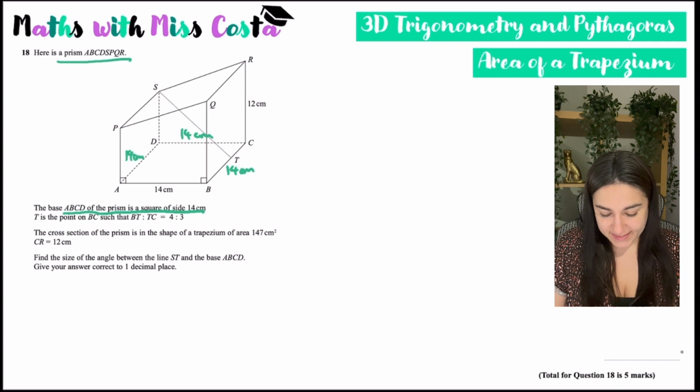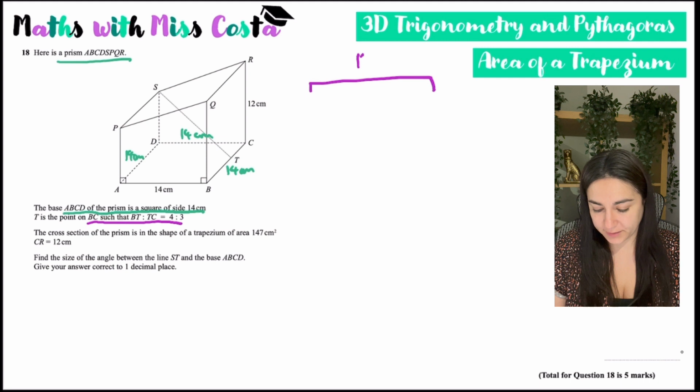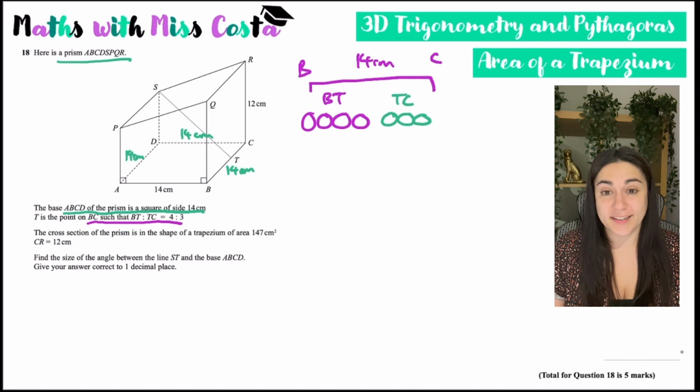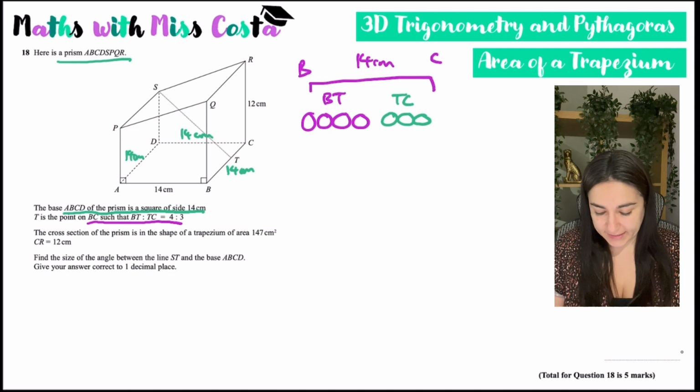I'm then told that T is the point on BC, so I can draw out BC over here, which is 14 centimeters, such that BT to TC is in the ratio 4:3. So BT is 4 parts, and TC is 3 parts. So I know that 14 is split into the ratio 4:3, so I do 14 divided by 7 to figure out how much 1 part is worth.